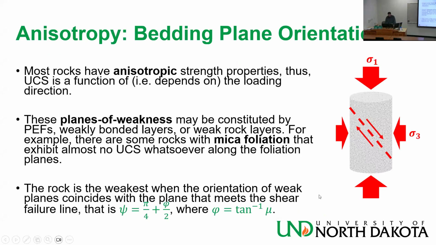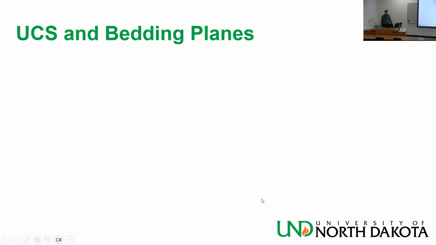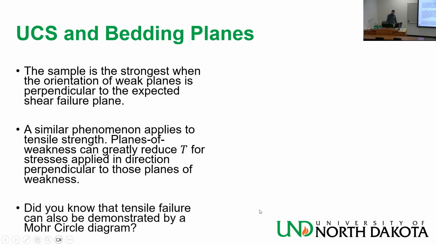It's a form of heterogeneity: layering, thin layers. We call them bedding planes. It's a weak plane, okay? It makes it easy for the rock to fail. And the best way to make it easy for the rock to fail is to have a bedding plane in the direction you expect it to fail based on the loads that you're applying.